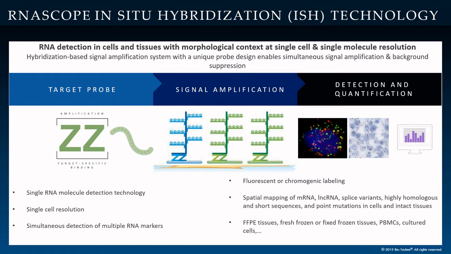Now, this assay will allow you to spatially map different kinds of RNAs like mRNAs, long non-coding RNAs, splice variants, specifically highly homologous sequences that are very challenging with traditional ISH techniques in both cells as well as in intact tissues. And you can look at all of this with either a fluorescent or a chromogenic label. Our assay can be performed on a wide variety of sample types.